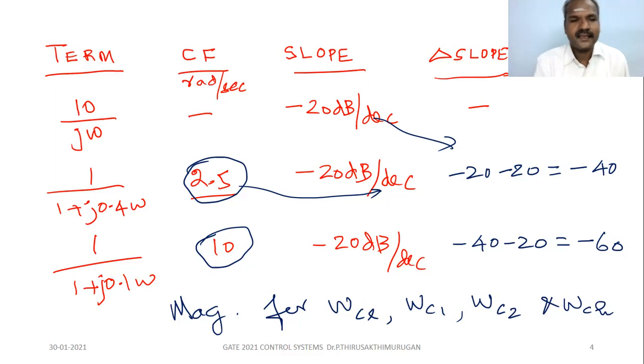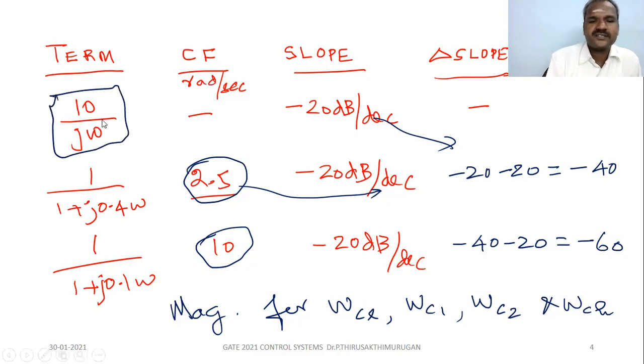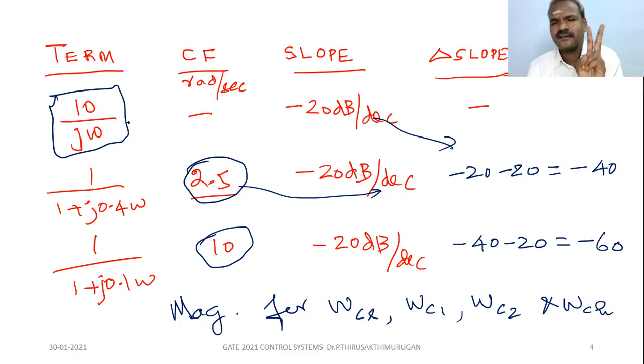The initial factor is responsible for the first 2 corner frequencies, so we have to calculate the first 2 corner frequencies, estimating the magnitude of G of j omega using this factor, right?